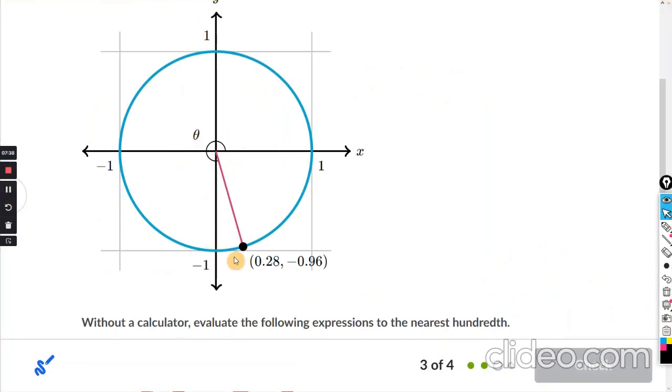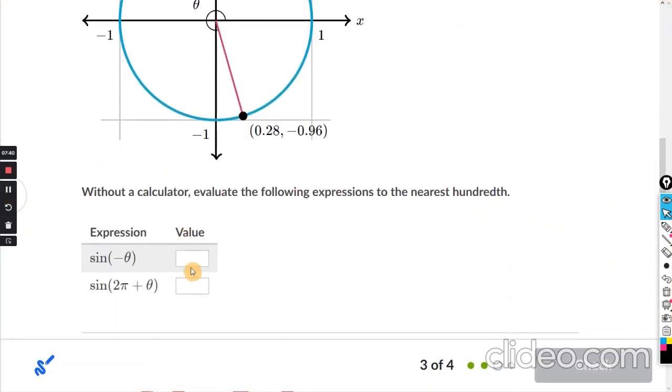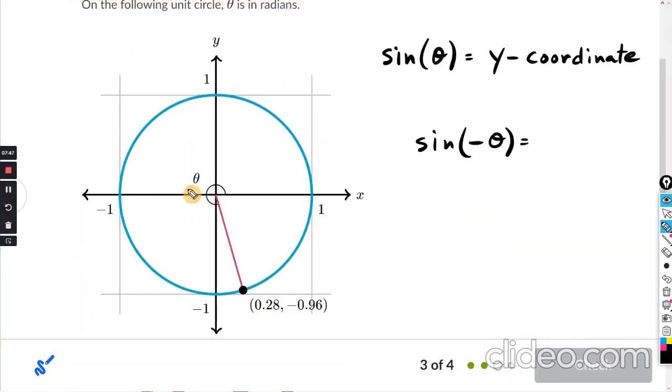Okay, so we have our unit circle, and we want to find both of these. Let's start with the sine of negative theta. So recall that the sine of theta is the y-coordinate on the unit circle, and we're doing sine of negative theta. So this angle here is theta, and if we do negative theta, we're going this much in the opposite direction.